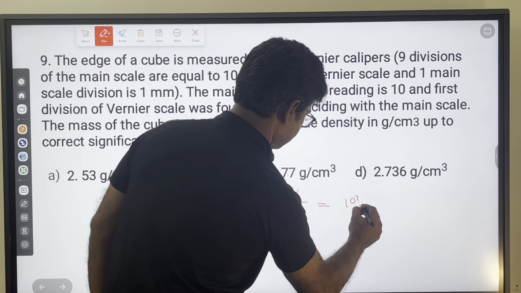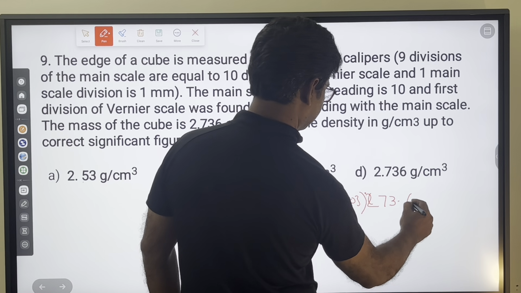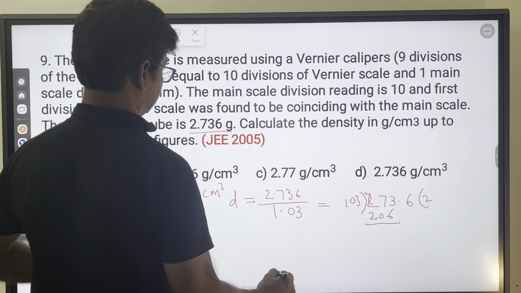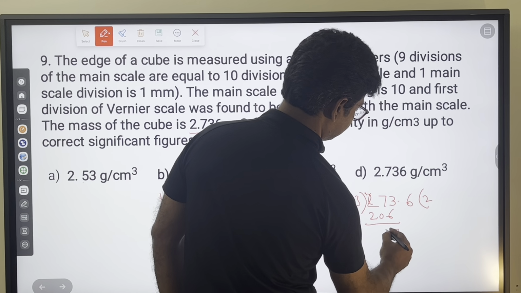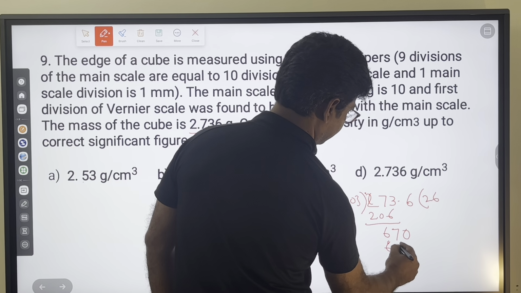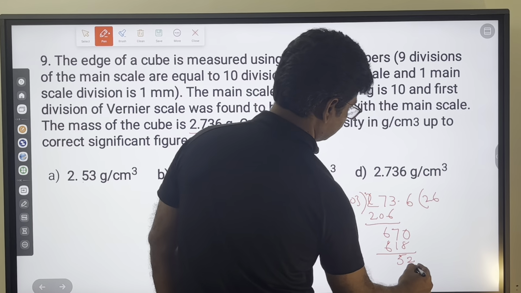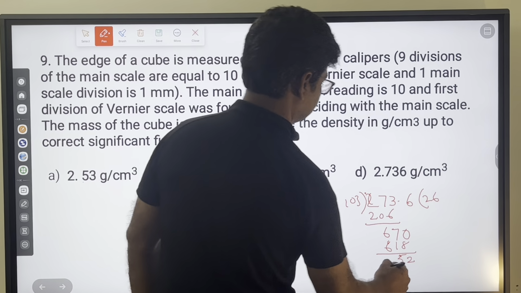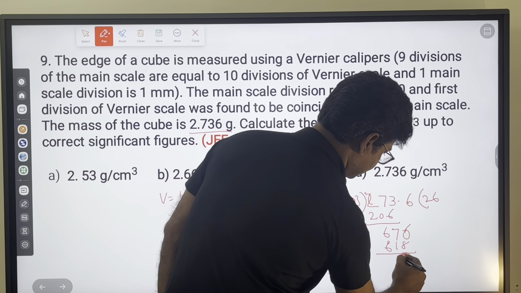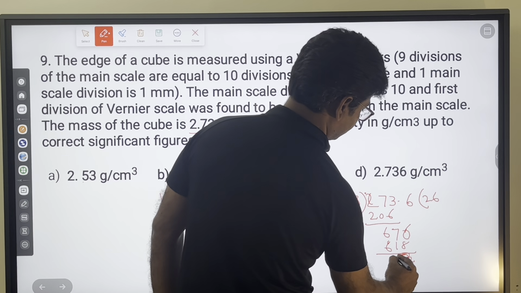If I take this as 103, 2.736, 103 times 2 is 206. Then I get 2, 7, 5, 6 minus 1, 5, so 8, 8, and here it is 6, 5, 8.